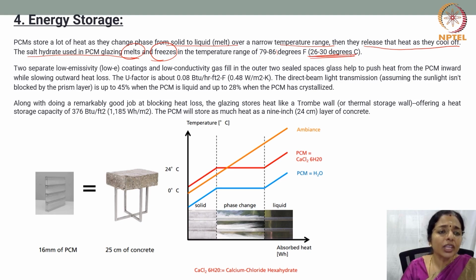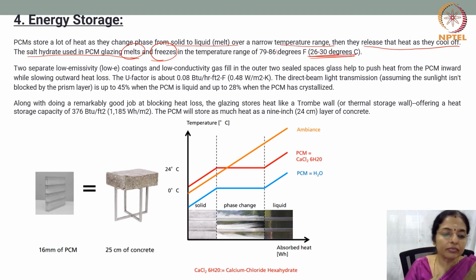So, two separate low emissivity or low E coatings and low conductivity gas fill in the outer two sealed spaces of the glass help to push heat from the PCM inward while slowing outward heat loss. And along with doing a remarkably good job of blocking heat loss, the glazing stores the heat like a trombe wall.